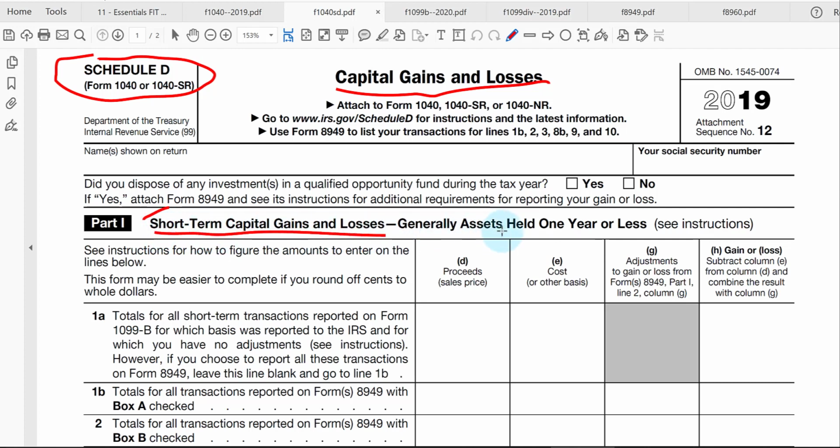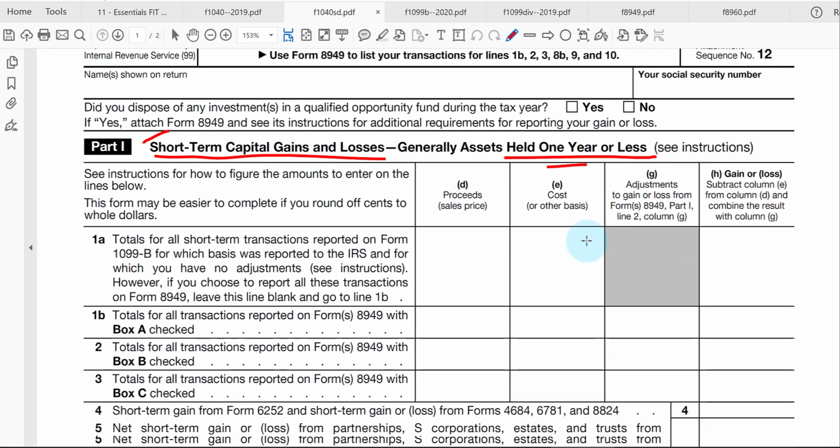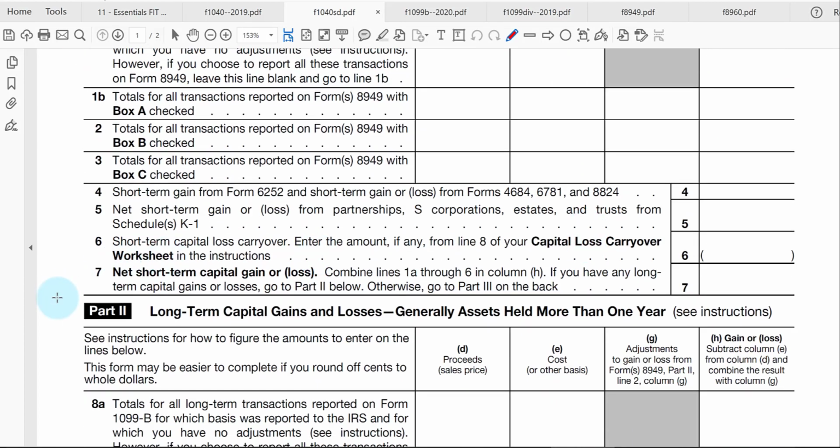Remember, short-term means that the item that you sold was owned by the taxpayers for 1 year or less. Again, if you own it for exactly 1 year and then you sell it, it's short-term gain or loss. Part 2 deals, of course, with the long-term items. And that means the item was held for more than 1 year before it was sold.